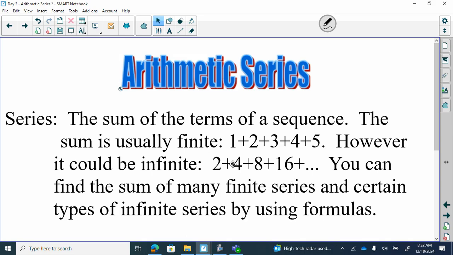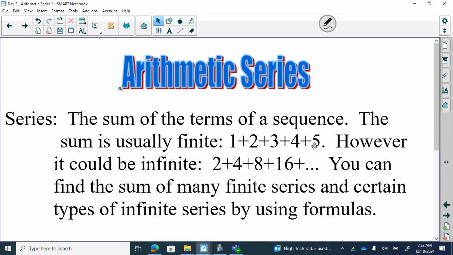Okay? There's a formula that we're going to learn here in a minute that will allow you to calculate those sums quickly. It's not hard to do if there are only 5 or 4 terms, but when we get into finding the sum of the first 50 terms, that is going to be a bit of a job, right? To add them up individually.